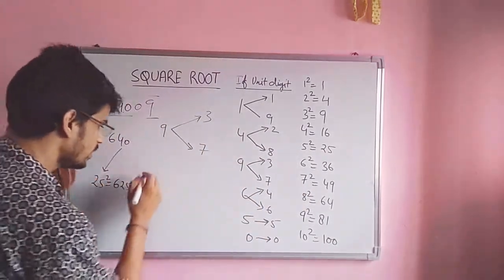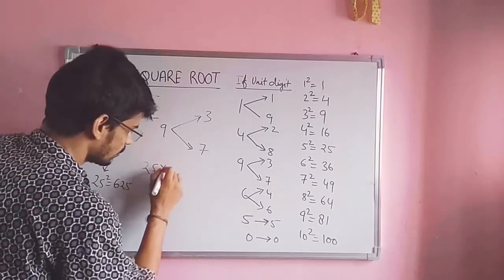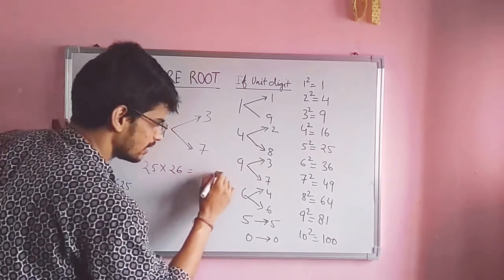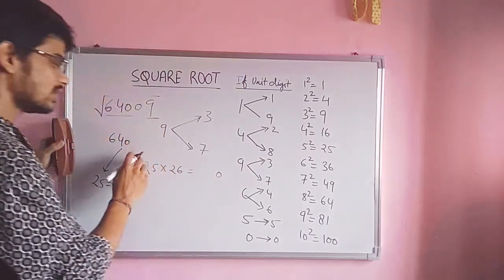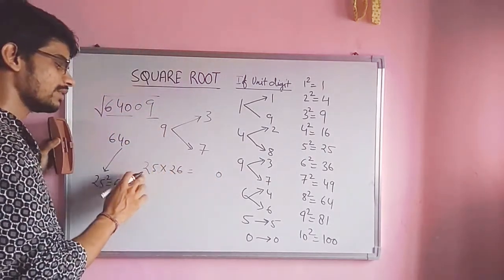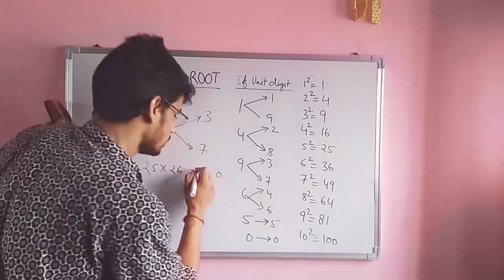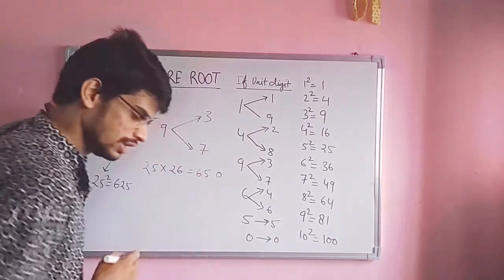Now multiply 25 by 26. 26 multiplied by 5 is 130, carry 13. 26 multiplied by 2 is 52. 52 plus 13 is 65, so 650.